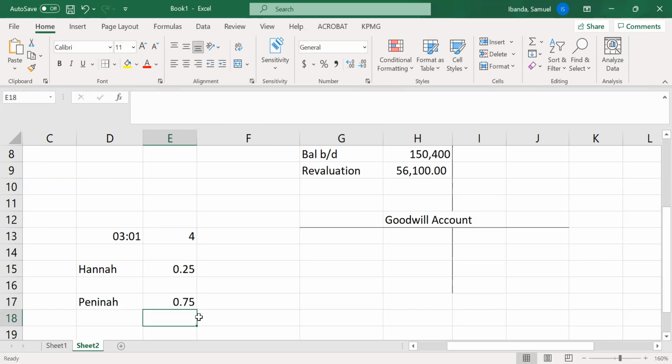So what that means is we are now going to look at before admitting the new partner and after admitting the new partner. The partners, remember, agreed on a given goodwill, and the goodwill they agreed was 150 million.